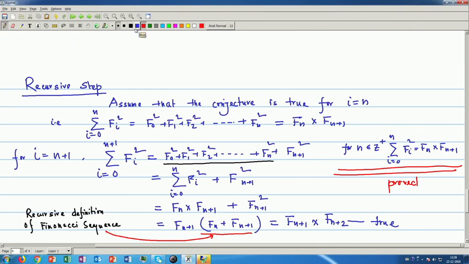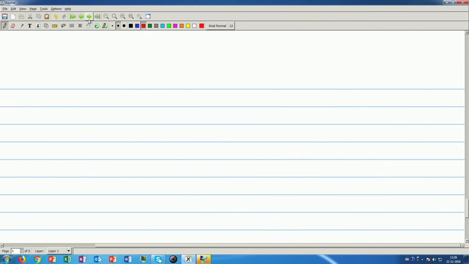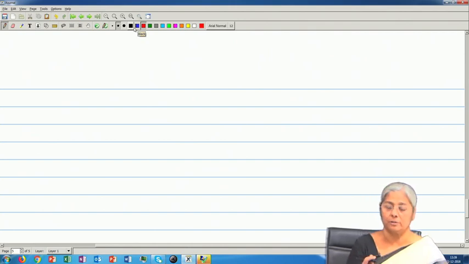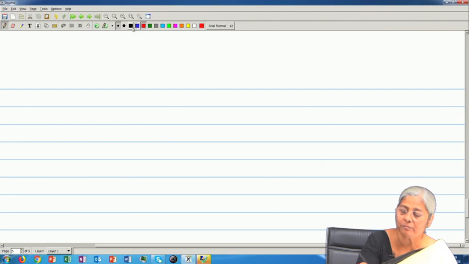Now, we observe the importance of the basis step or the initial condition. How do we define the Fibonacci sequence?